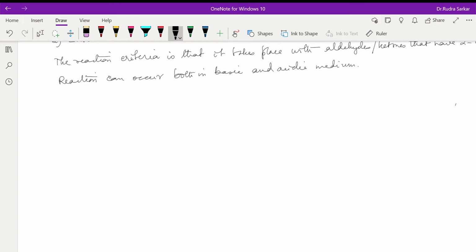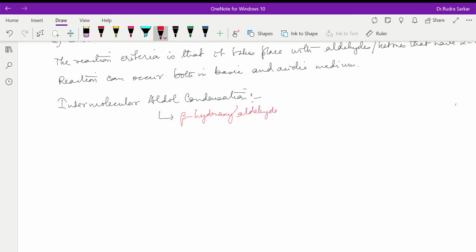So suppose I'm doing the intermolecular aldol condensation. Now, your aldols are called beta hydroxy aldehydes.